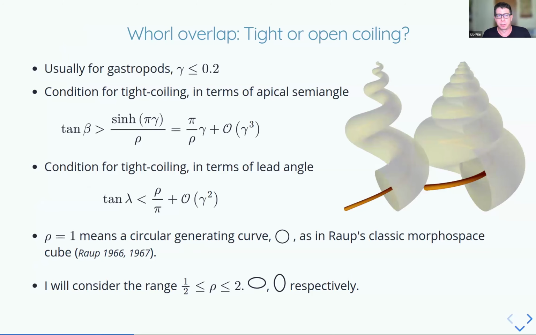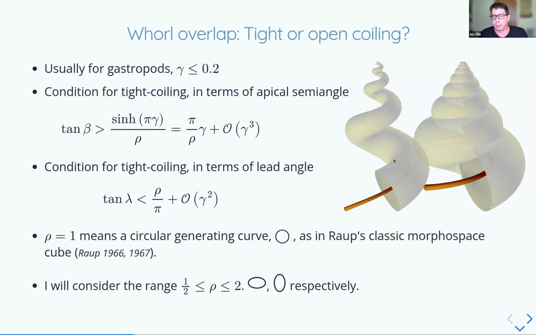Now, because there are so many different ways to choose parameters, that means that also whole overlap and the condition of tight coiling can be described in different ways. If you consider these two shells, one is tightly coiled on the right, and on the left, open coiled. These two shells have the same apical semi-angle beta at the top.